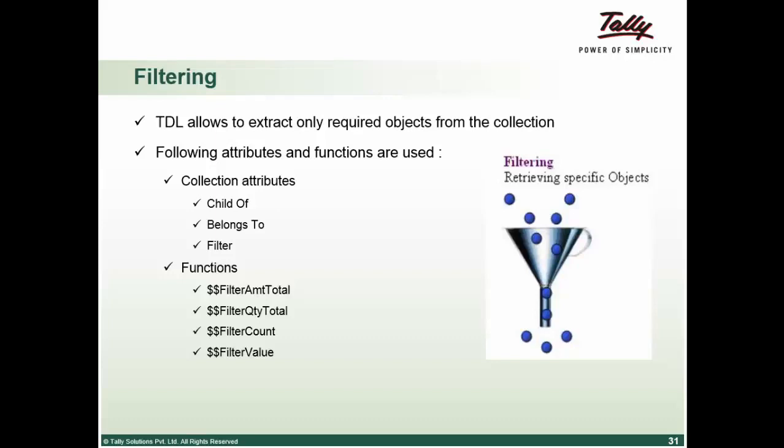So whichever grouping hierarchy it is, does not matter, 1, 2, 3, 4, 5, 6, 7, 8, 9,000. It will retrieve all the ledgers directly or indirectly available under sundry debtors. So that's how child of and belongs to attribute go hand in hand.